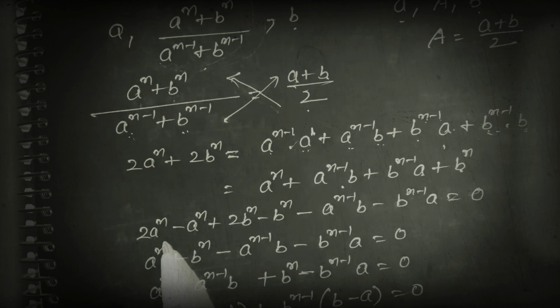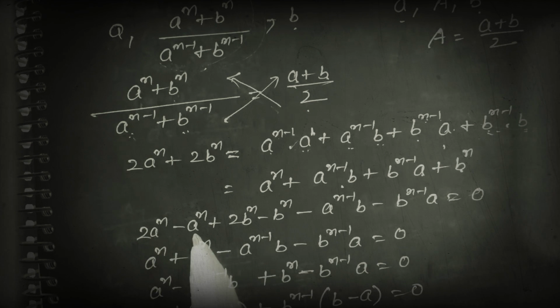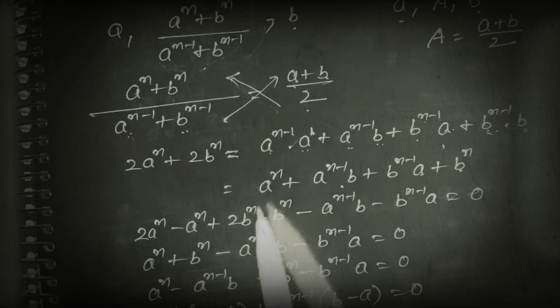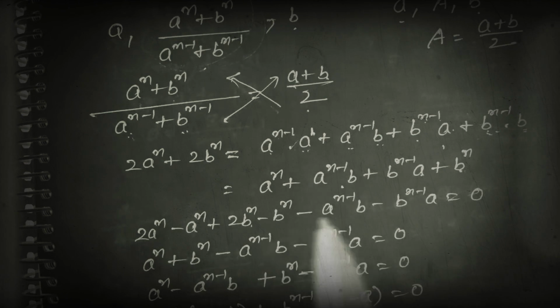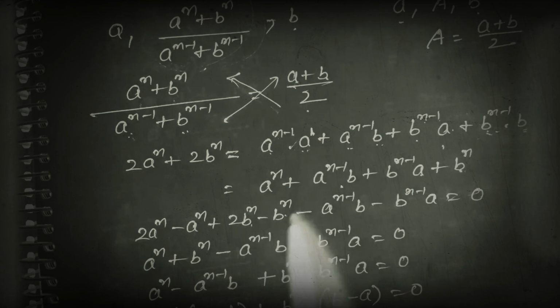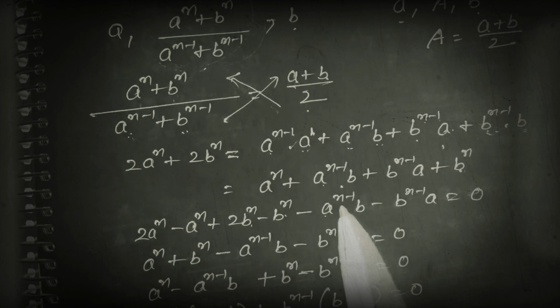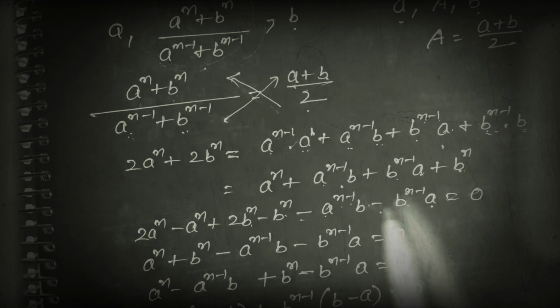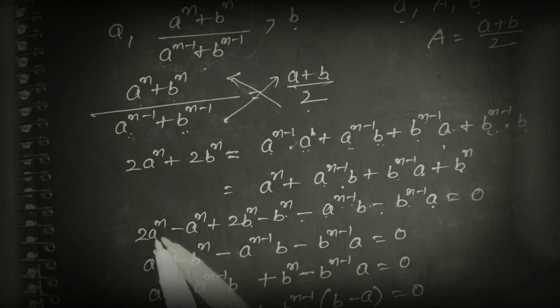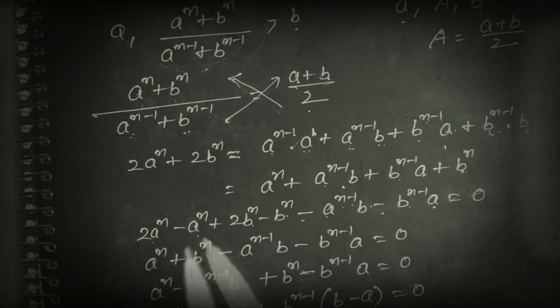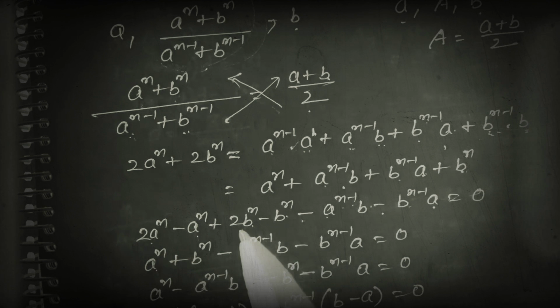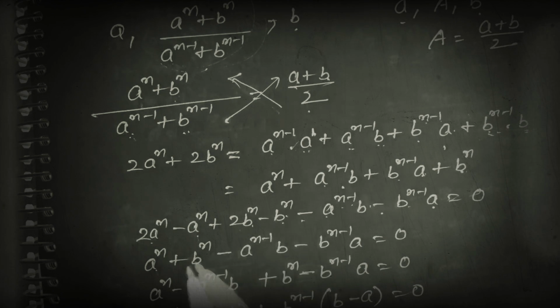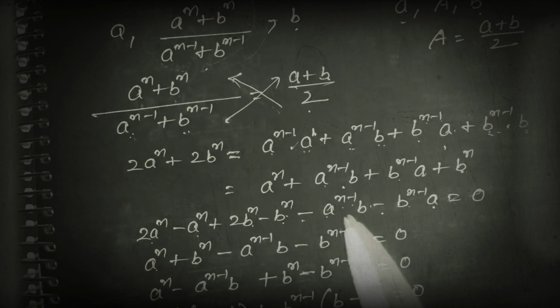It is 2a^n minus a^n, 2b^n, and we will subtract b^n from here, and a^(n-1) b and b^(n-1) a are negative in left hand side. Then 2a^n minus a^n is a^n. 2b^n minus b^n is b^n.